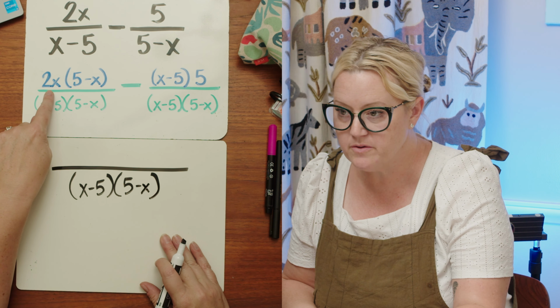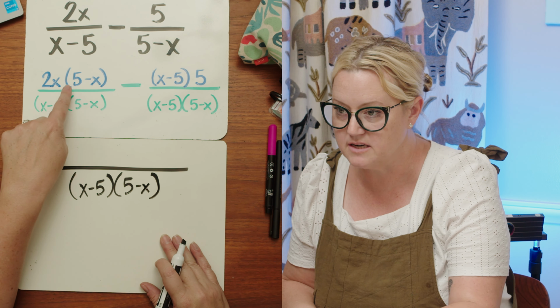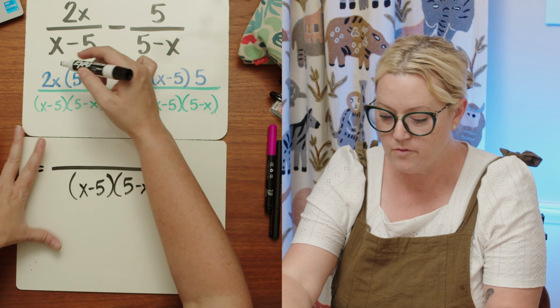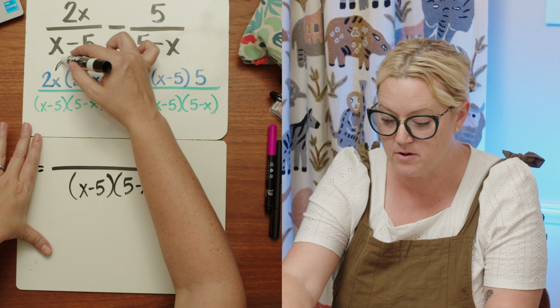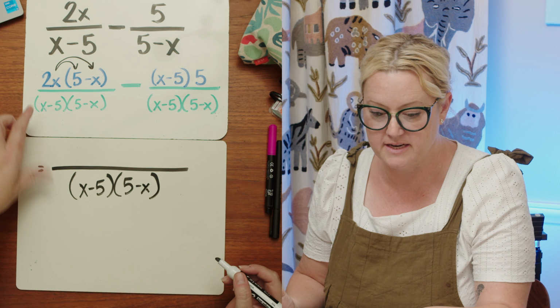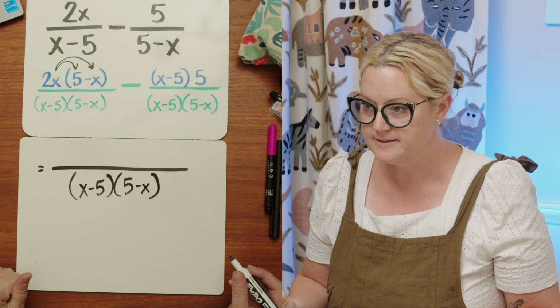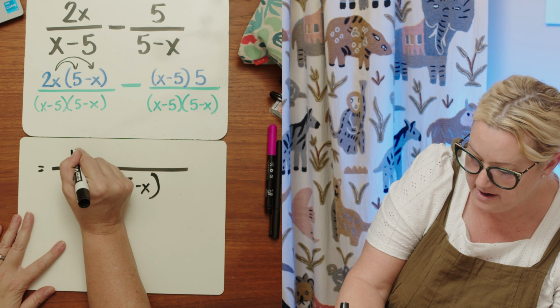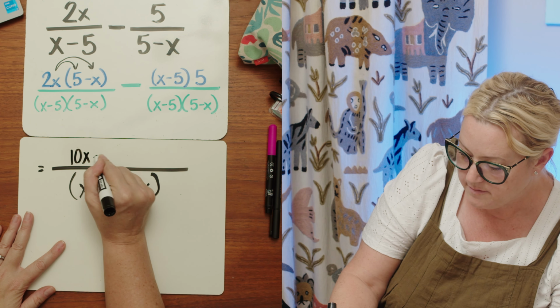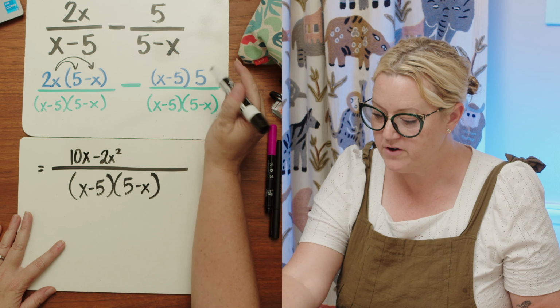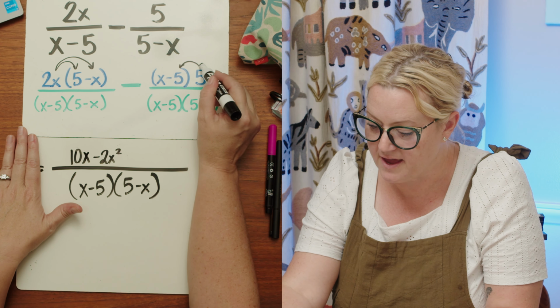I'm going to distribute this 2x, because 2x times 5 minus x means I multiply everything in the parentheses by that 2x. So it is 10x minus 2x squared. Over here, I'm going to distribute that 5.